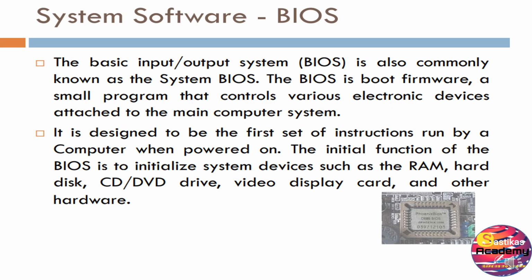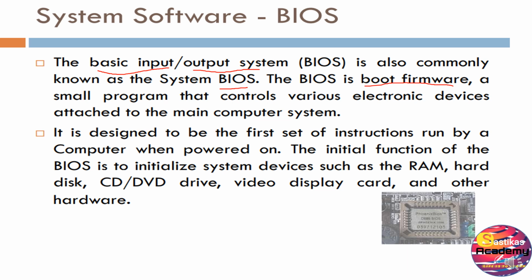And system software, it's the BIOS. BIOS means basic input and output system. It's commonly known as BIOS. So whatever inputs and outputs are performed in the system come under BIOS. The BIOS is a boot firmware. Booting is the starting process.